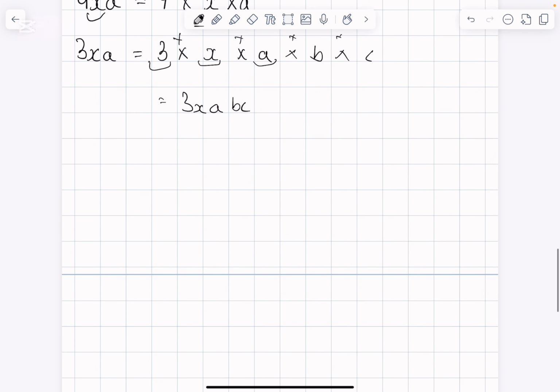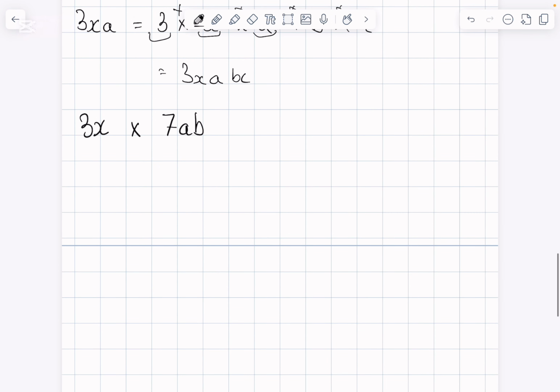Look at more examples. 3x multiplied by 7ab. You might be confused at first when you look at something like this, but I suggest breaking it down into much simpler steps. From our previous examples, we know that 3x is the same as 3 times x. And now we need to multiply 3 times x by 7ab.